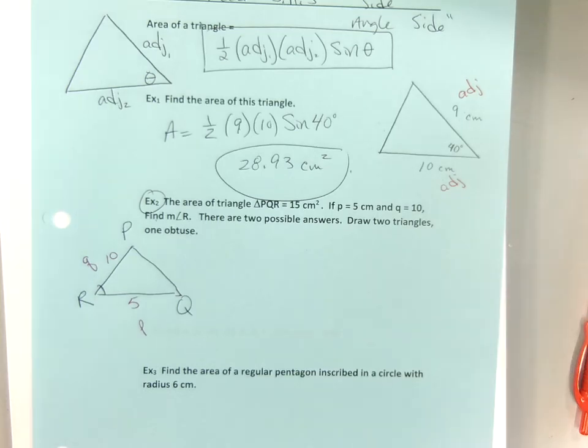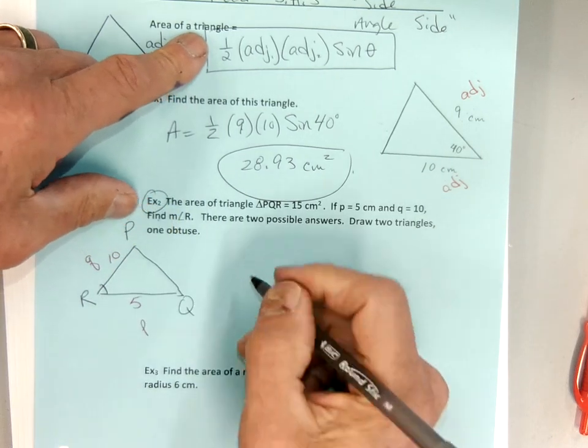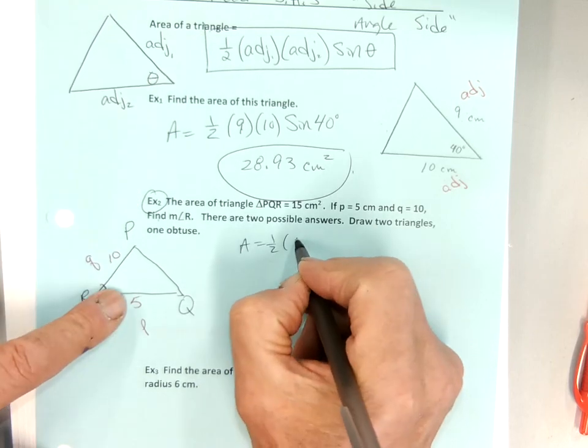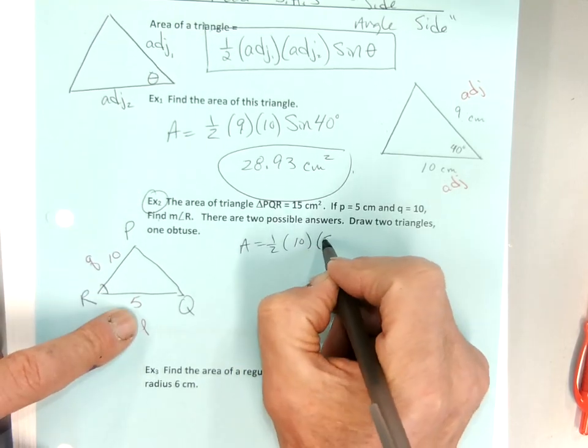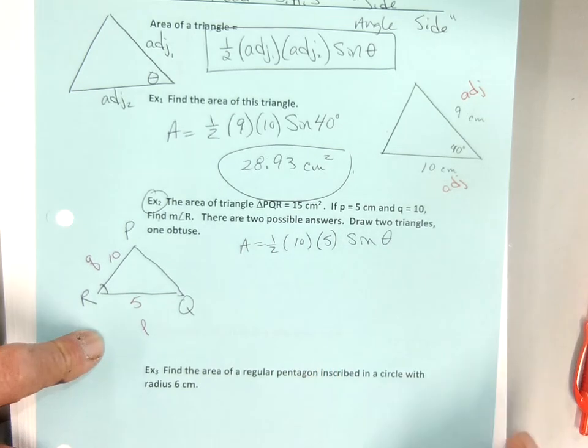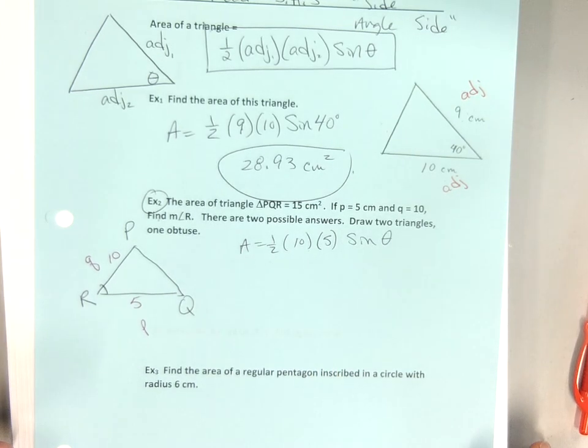Well, I can figure this out. I know the formula I just gave you was this. Hold on. What did I do with my pen? Here it is. So my formula was area equals 1/2 my adjacent times my other adjacent times the sine of my angle, right? This is like playing Jeopardy.